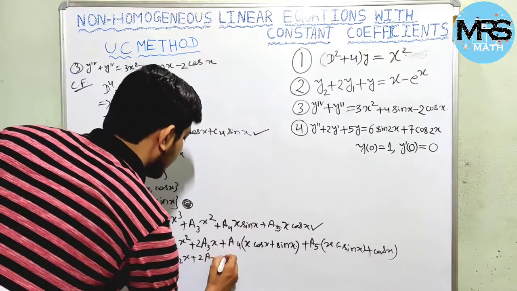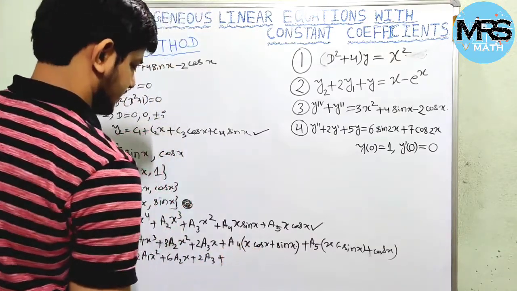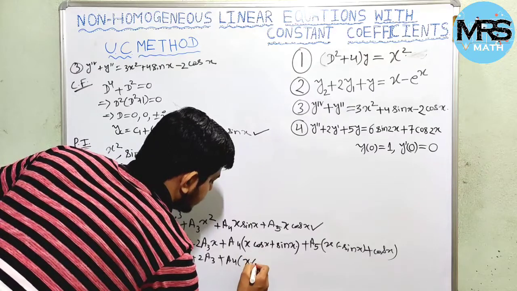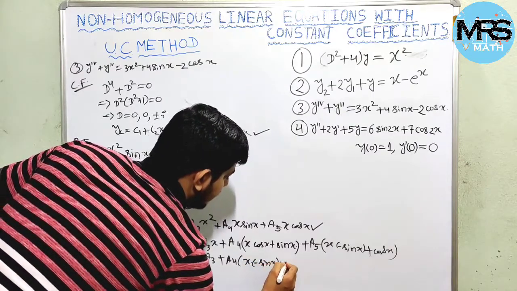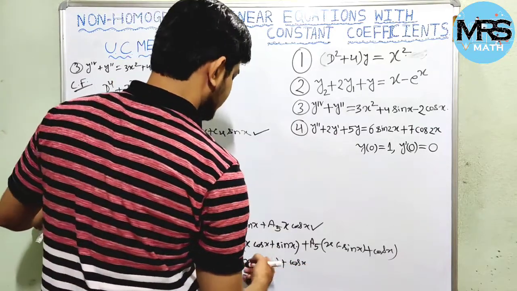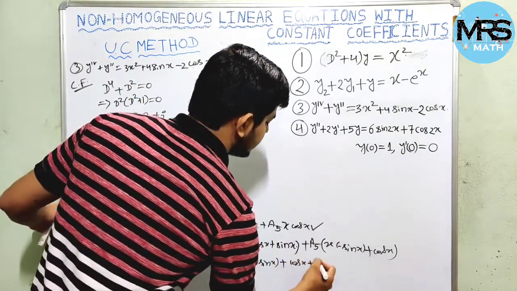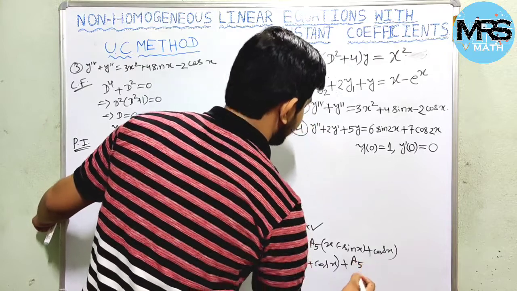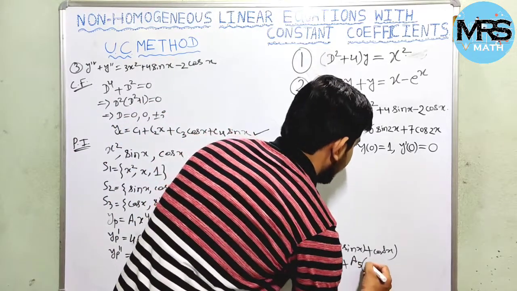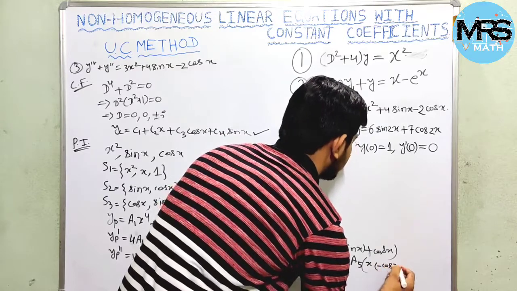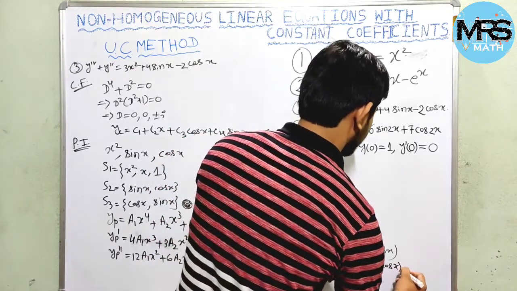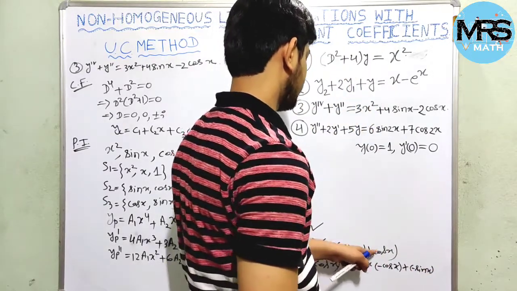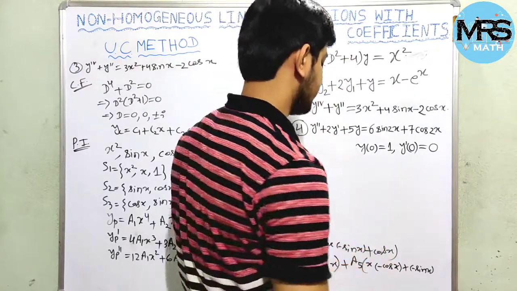Now this one will be a4 into x cos x, so that will be equal to a4 into x cos derivative is minus sin x, plus cos x into 1, then next is cos x, plus a5, then this one will be x into minus cos x, plus minus sin x is there, into x derivative is 1, plus then again cos x derivative is minus sin x.